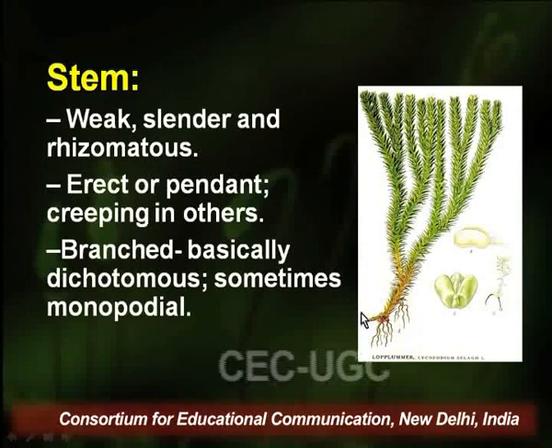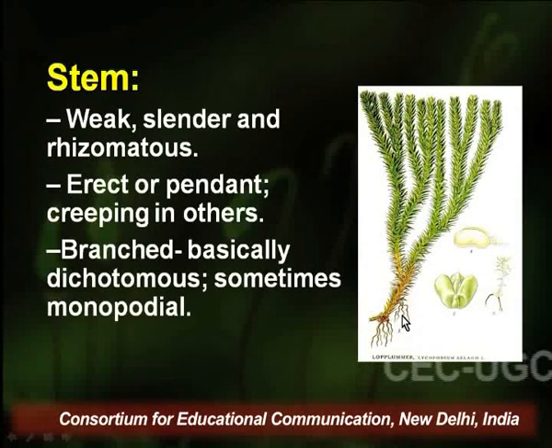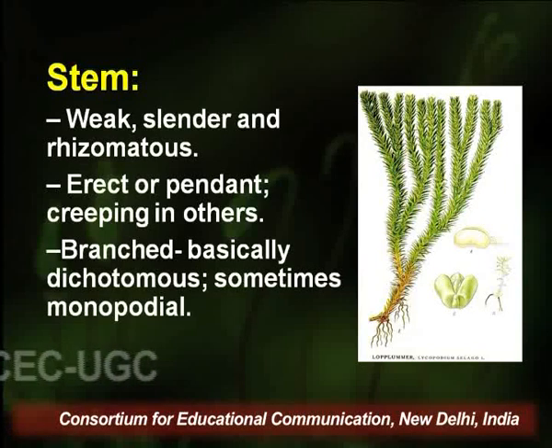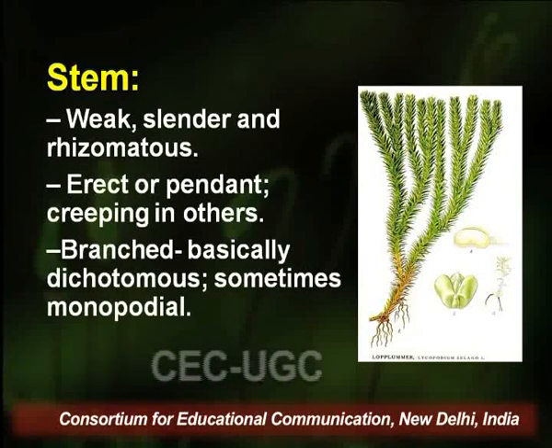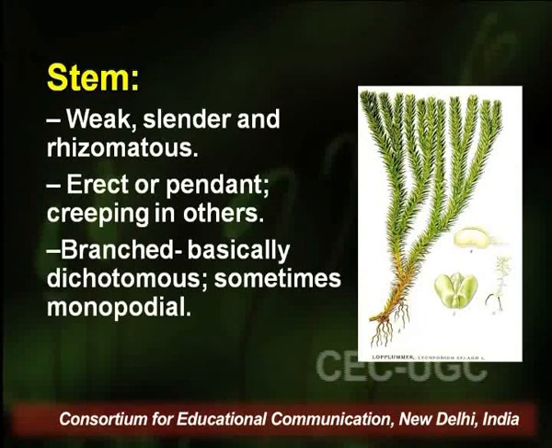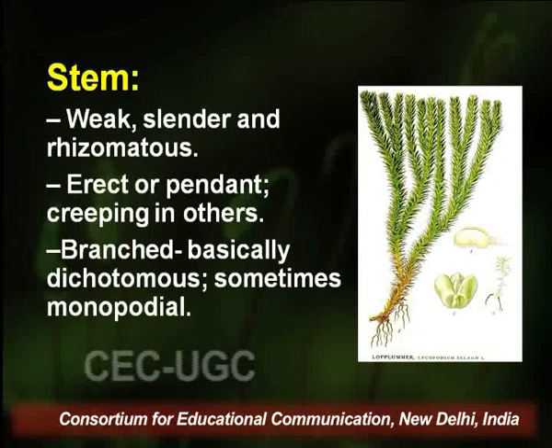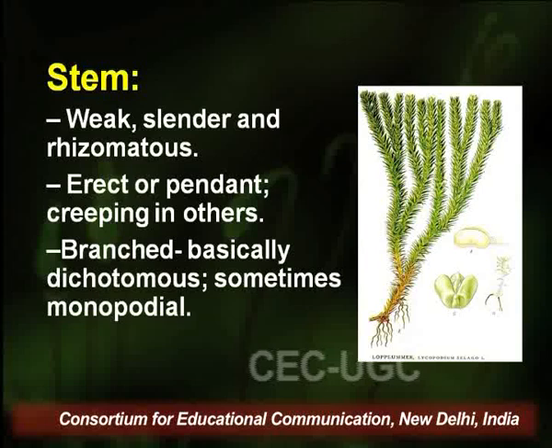The stem can be erect also, or it could be pendant, while in some of the species they are creeping as well. The branching in stem is primarily dichotomous, but sometimes they are monopodial in nature also.